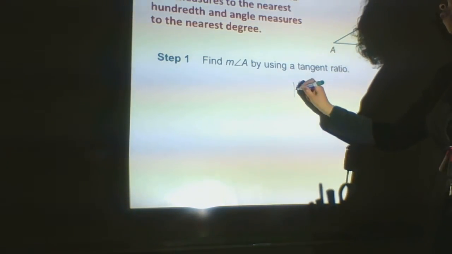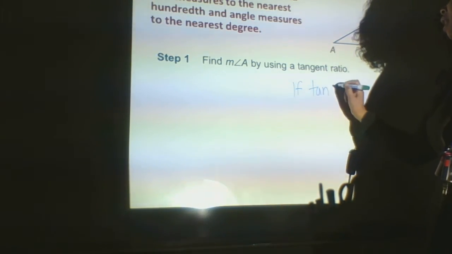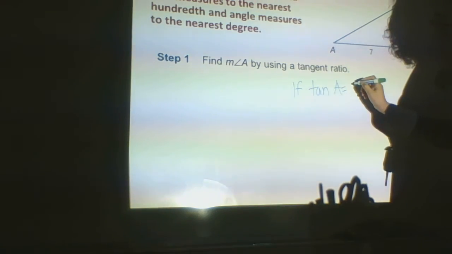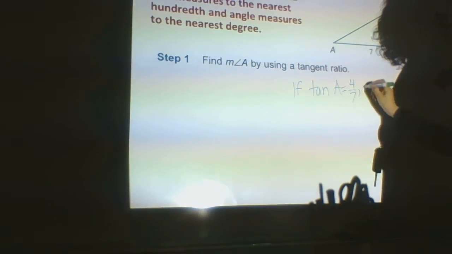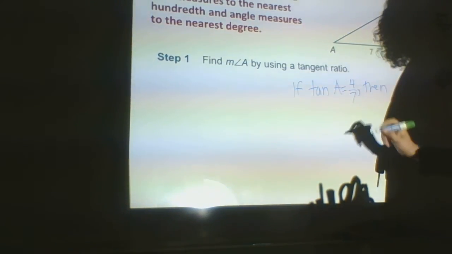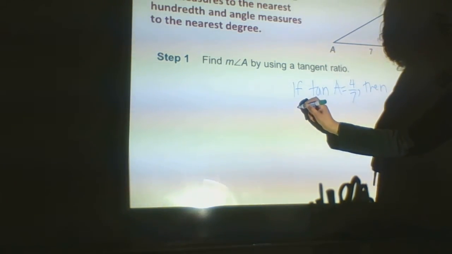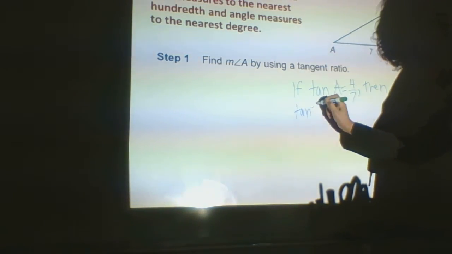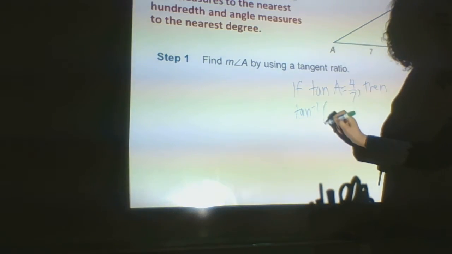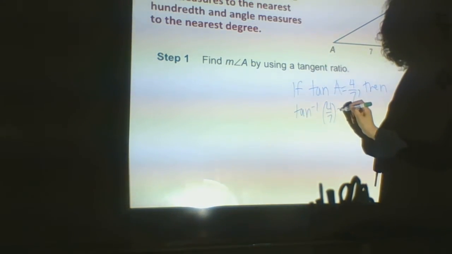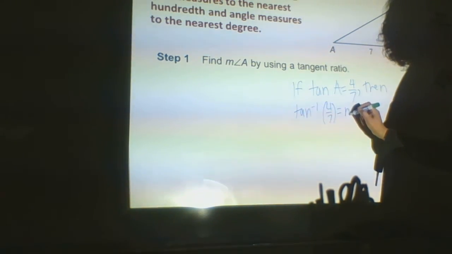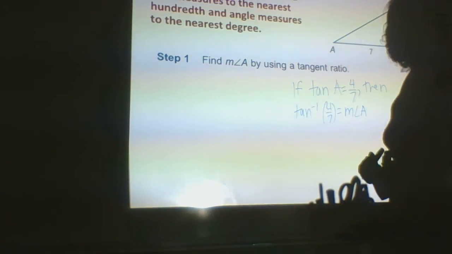Okay. If the tangent of A equals 4 over 7, then the inverse tangent of 4 over 7 equals the measure of angle A. Excellent.